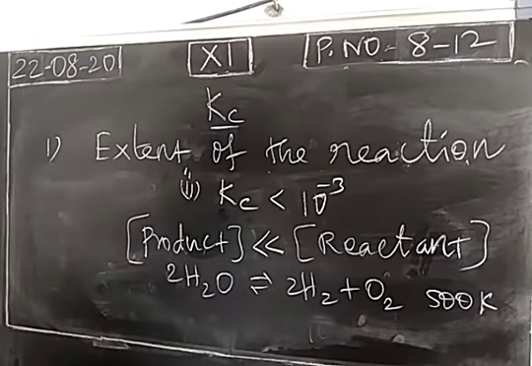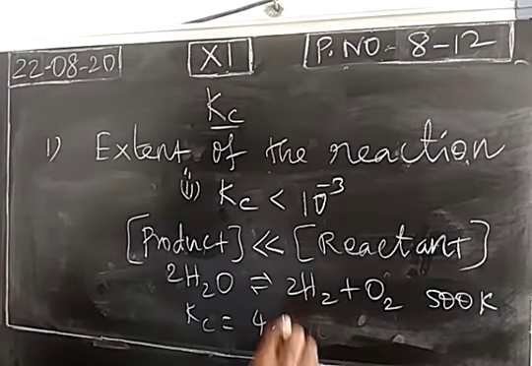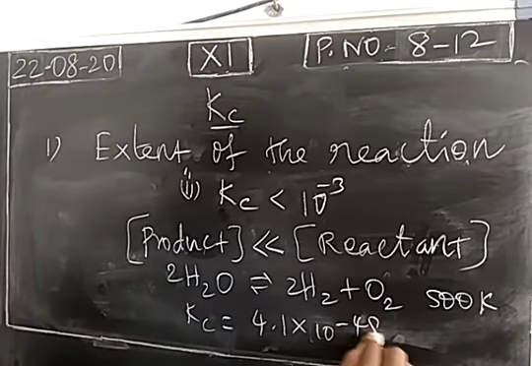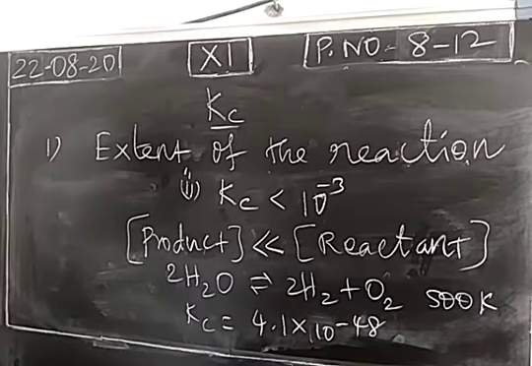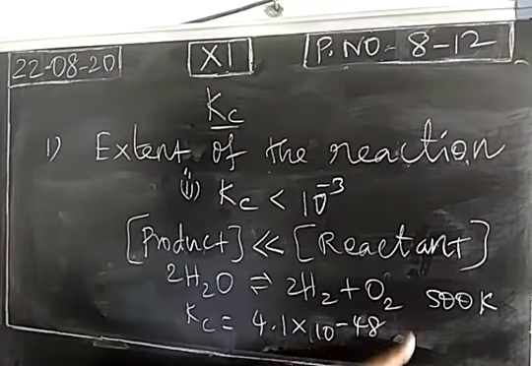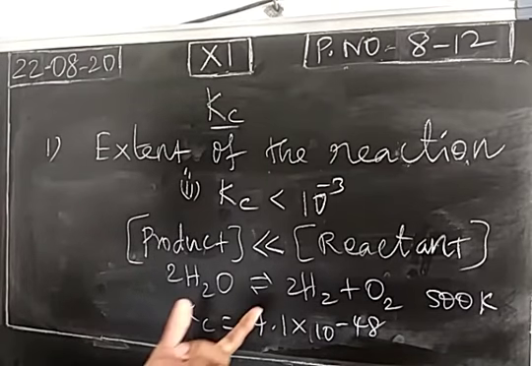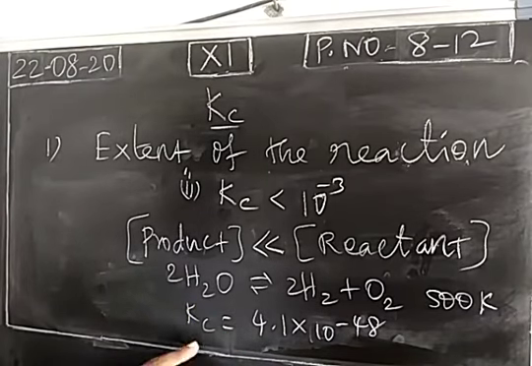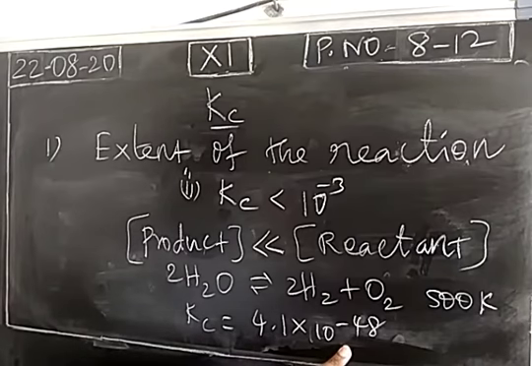We measured the equilibrium constant Kc value as 4.1 into 10 power minus 48. So if the Kc value is less than 10 power minus 3, see that, 10 power minus 48. So for the decomposition of water, the Kc value is 4.1 into 10 power minus 48.